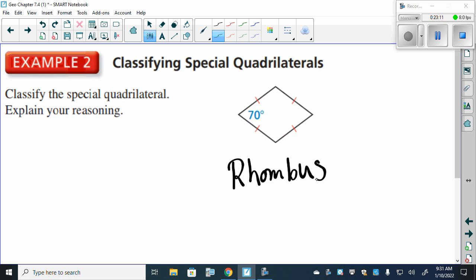Since it does tell us that 4 sides are congruent, we can say that it is definitely a rhombus, which also makes it a parallelogram. But because this angle here is 70 degrees, we know it cannot be a rectangle or a square. Because this angle would have to be what? 90 degrees. If it's not 90 degrees, we know it can't be a rectangle, and therefore it can't be a square. So our most specific definition for this here is a rhombus.